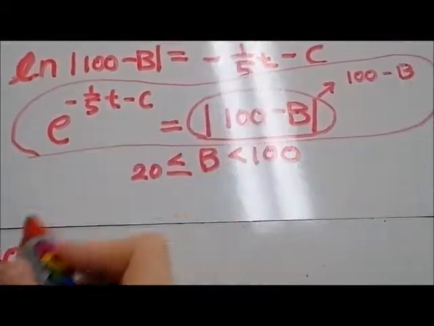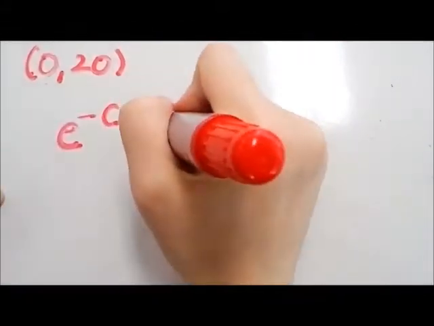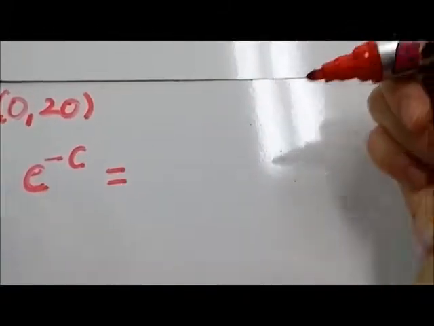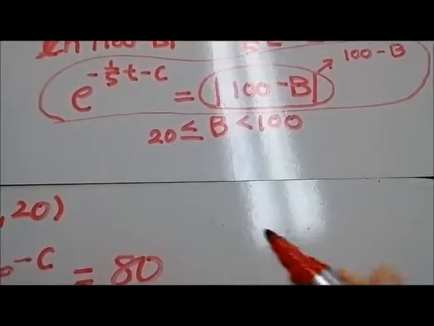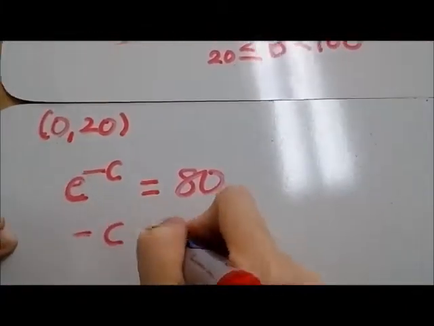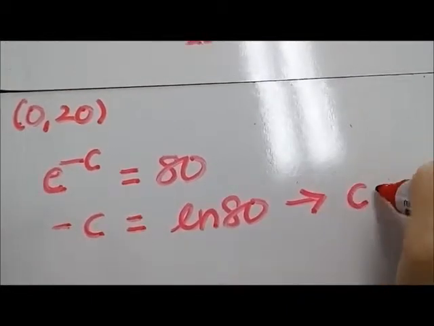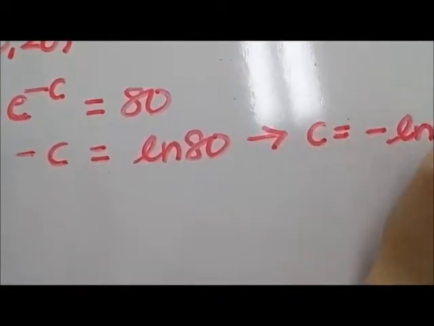So when we plug it in, we have e to the negative c equals 100 minus 20, which is 80. Now we can put ln to both sides, and it comes out as negative c equals ln 80. In short, c is equal to negative ln 80.